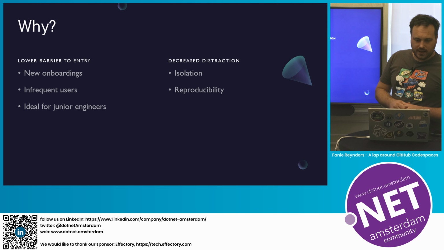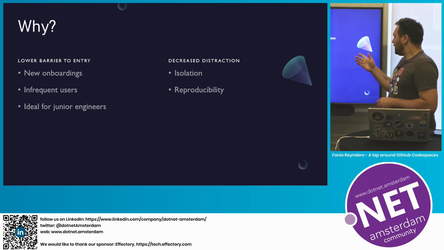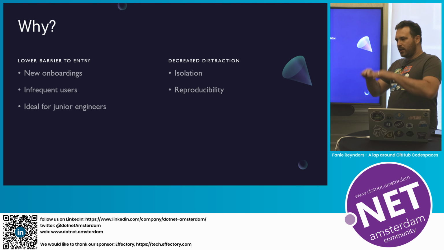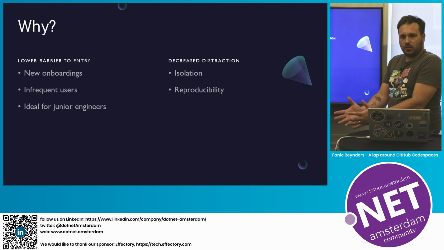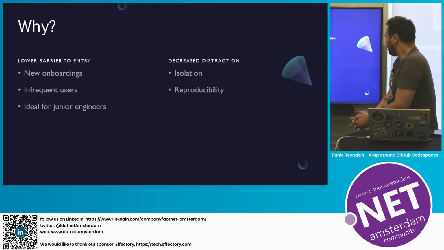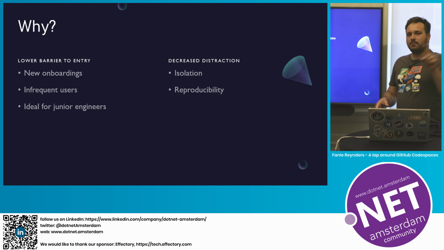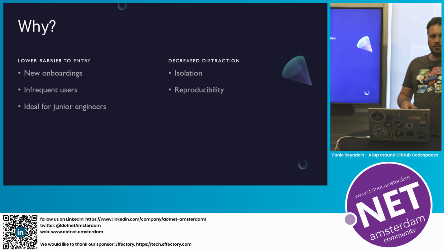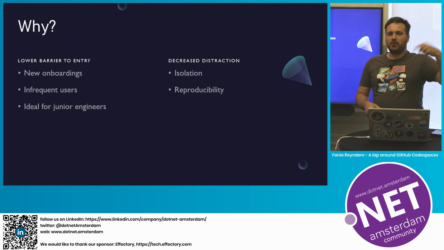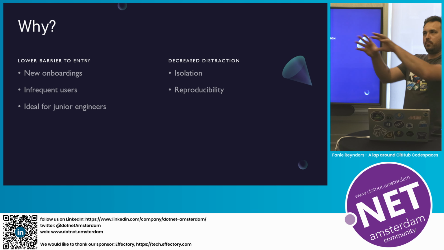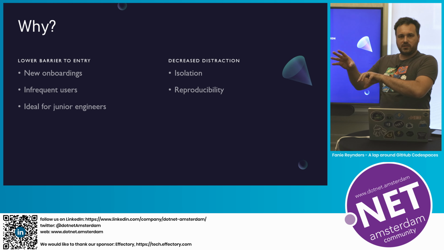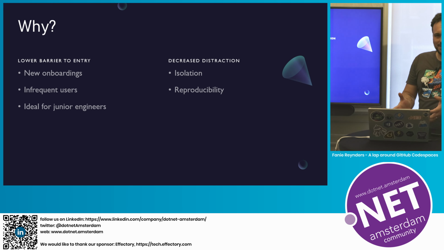The other side of the coin is decreased distraction, where you can actually work in isolation. You don't have to worry about my machine that's running Windows 11 or 10 or 8 or whatever, and it might impact the next time I do .NET restore on that thing. And the cool thing is, if there's a bug in production, you can actually accurately reproduce that bug. Because how many times is there a bug in production, you git clone that branch, you try to run it, but it works.